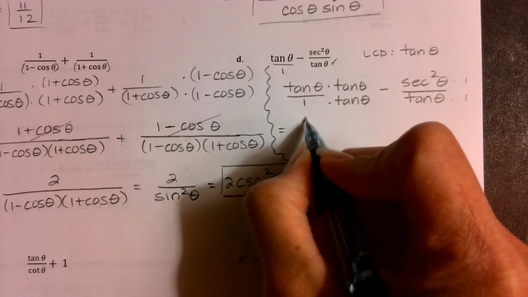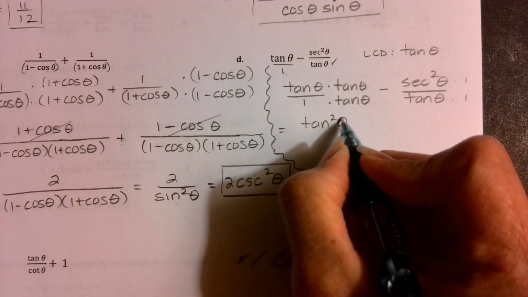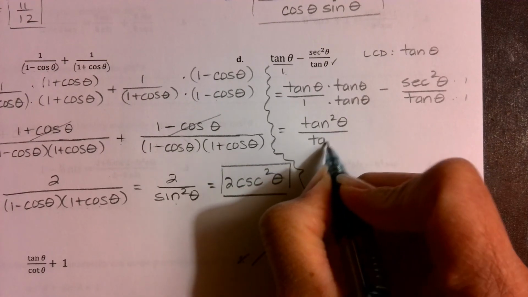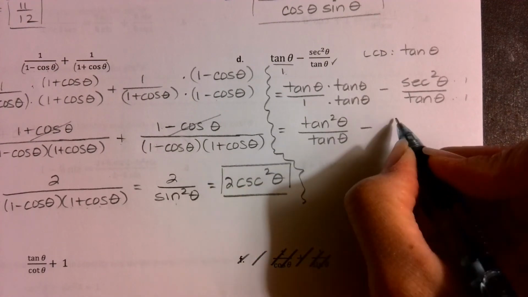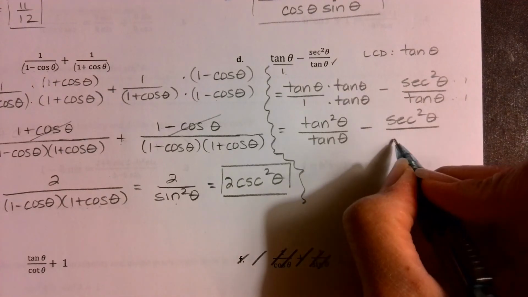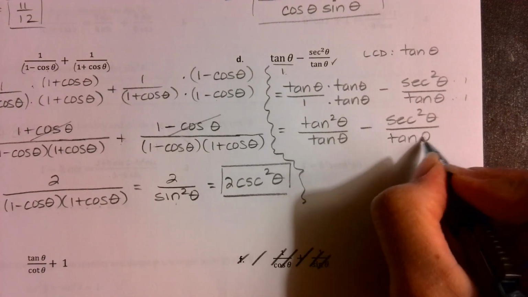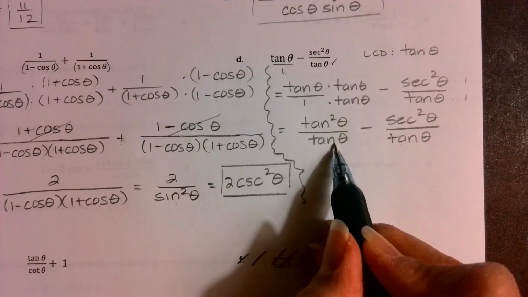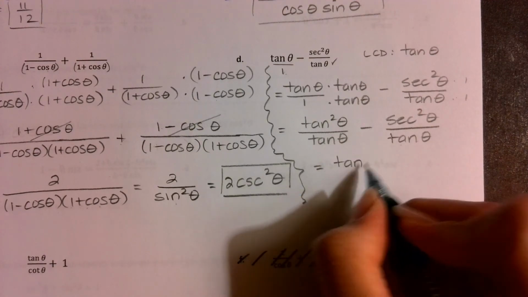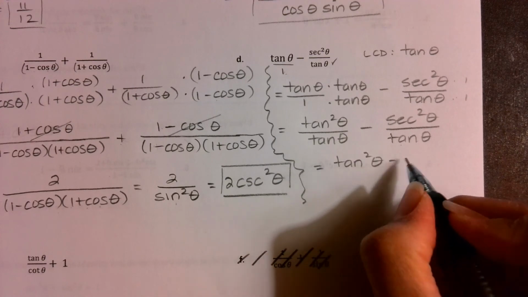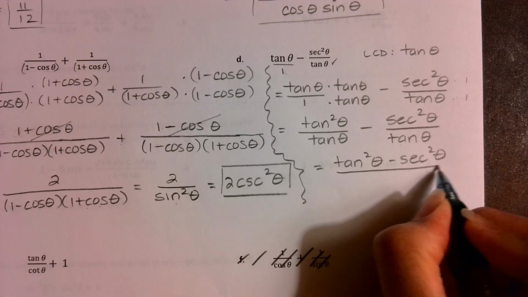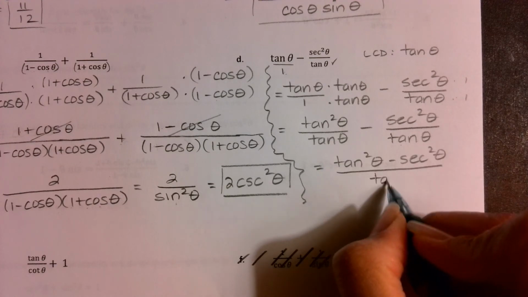So equals tangent squared theta over tangent theta minus secant squared theta over tangent theta. Now we have those denominators being the same, and that helps a lot. Tangent squared theta minus secant squared theta. Let's put it all over one denominator.